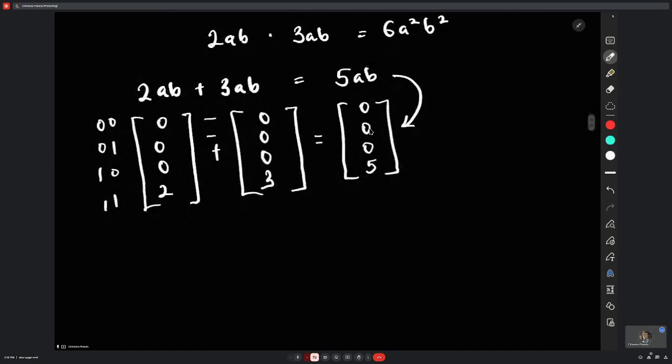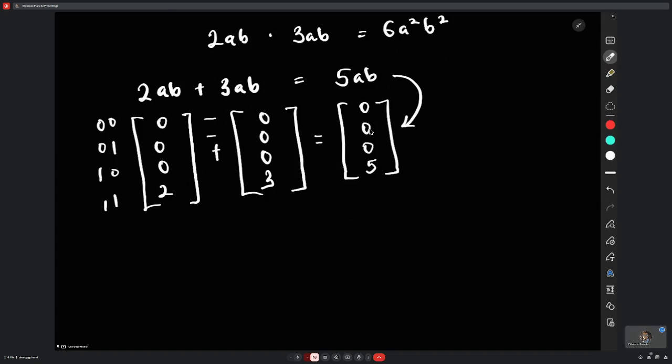Now, how about multiplication? If we want to multiply two polynomials in evaluation form, how are we going to do it? I'm talking of evaluation form.